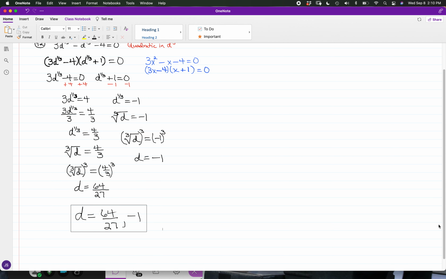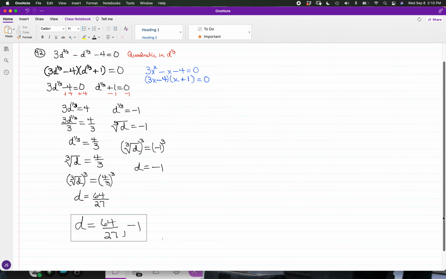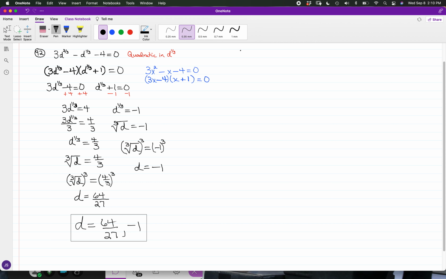Okay, now for the case of number 94, for this equation, I'm going from x to d, and now with number 94 I have this equation in terms of the letter n.